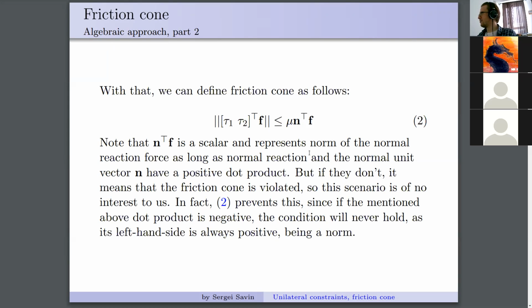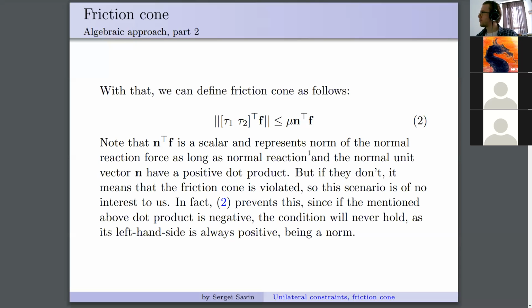Now, if they point in the opposite direction, here's a wall, and here's the normal direction to the wall, like in this dimension. This is where the normal vector points. If your total force points this way, maybe this way, or even this way, the dot product between the normal vector and this force will be negative, because they point into different half planes.